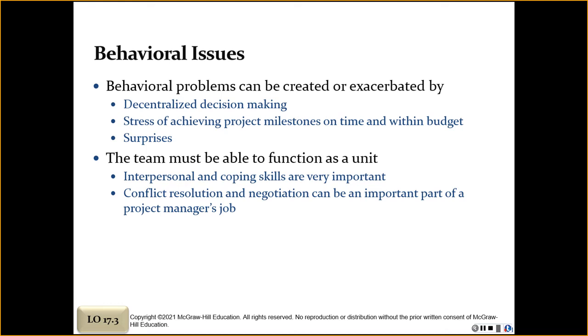Behavioral problems can be created by decentralized decision making, stress of achieving project milestones on time and within budget, and surprises. The team, because project work is often based on team efforts, workers are usually evaluated on the basis of the team's overall contribution. So, even though somebody might be doing well within a team, if the rest of that team isn't doing well, then the whole overall contribution of that team is going to be very low.